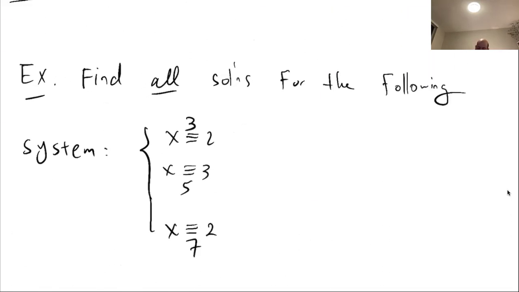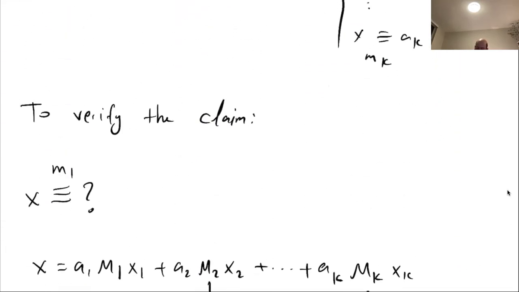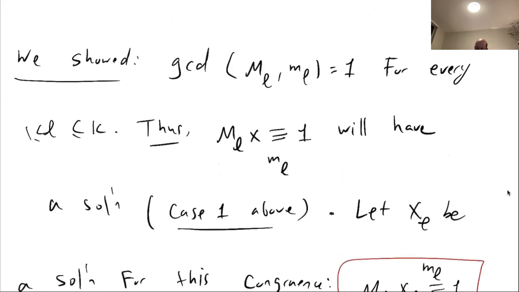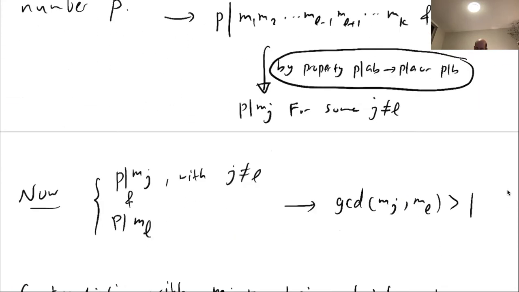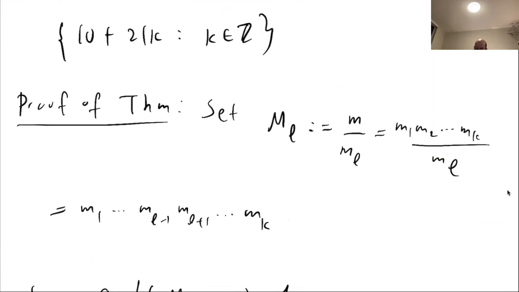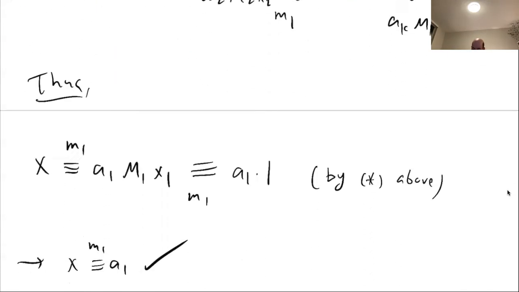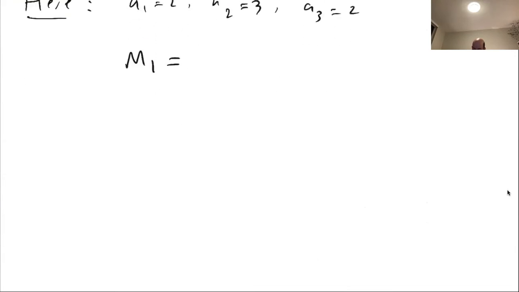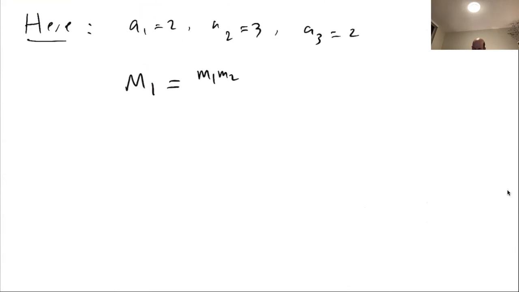Let's look at how we define capital M_l. In the beginning of the proof, I told you that capital M_l is small m, the product of m1 to mk, divided by m_l. So capital M1 is m1 m2 m3 divided by m1, which is the same as m2 m3.